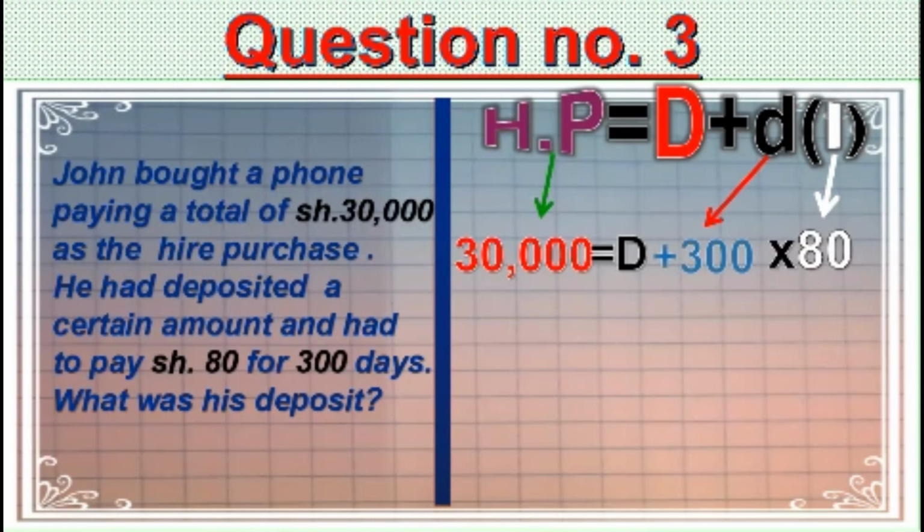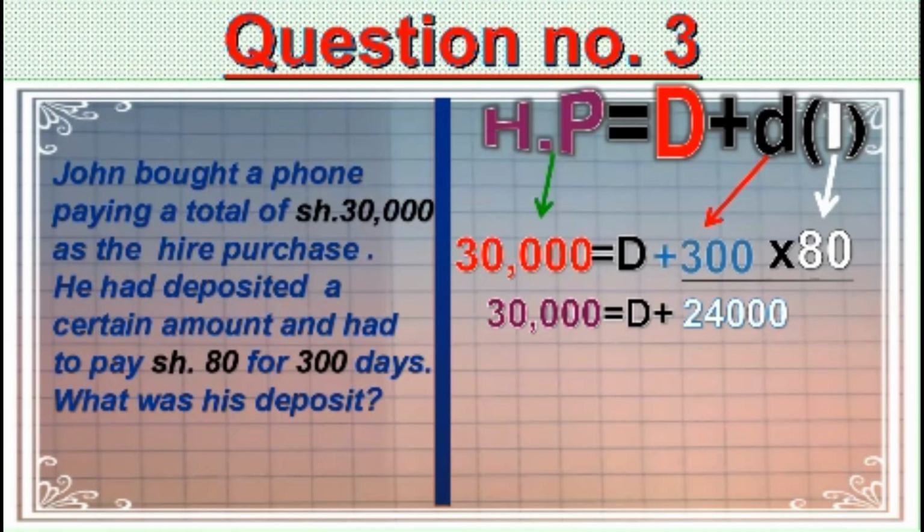So working out, first we find the daily installments total. The 300 days multiplied by 80 shillings every day gives us 24,000. So the HP, which is 30,000, equals the deposit, which we don't know, plus the total daily installments, which gave 24,000.